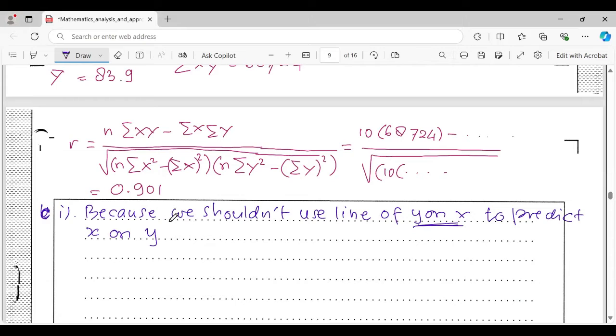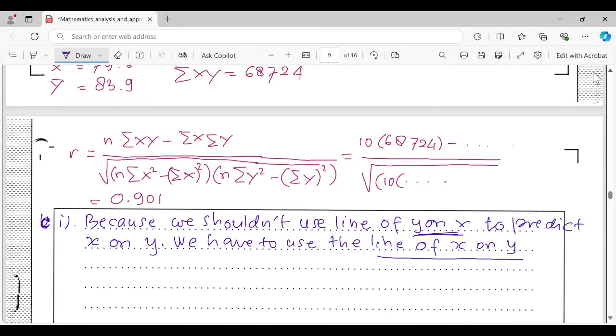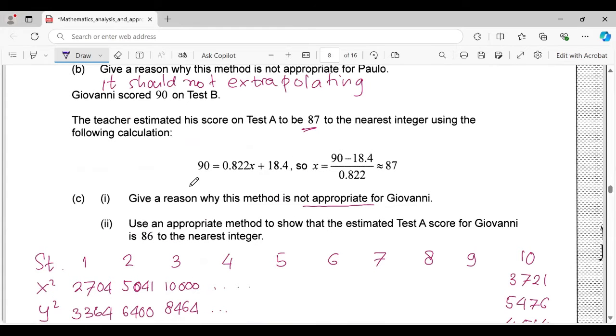Cannot. We have to use the line of x on y. We have to use this line of x on y. So, one done. Next one.